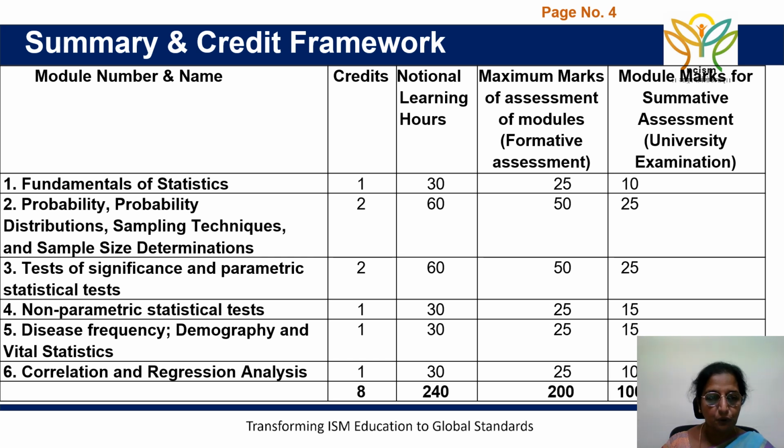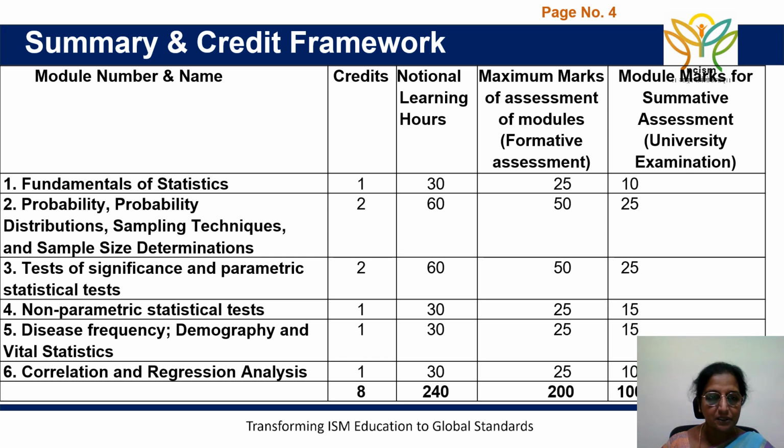Coming to the fifth module, Disease Frequency, Demography and Vital Statistics, it carries 1 credit with 30 notional learning hours, 25 marks assigned for the formative assessment and 15 marks for the university examination. Coming to the last module, Correlation and Regression Analysis, it carries 1 credit, 30 notional learning hours, 25 marks for formative assessment and 10 marks for the university examination.